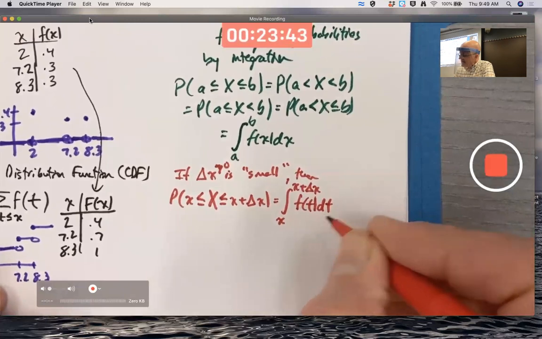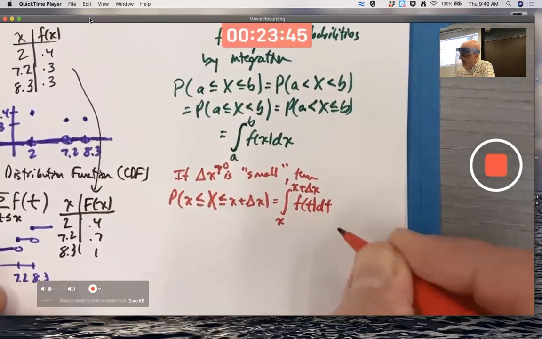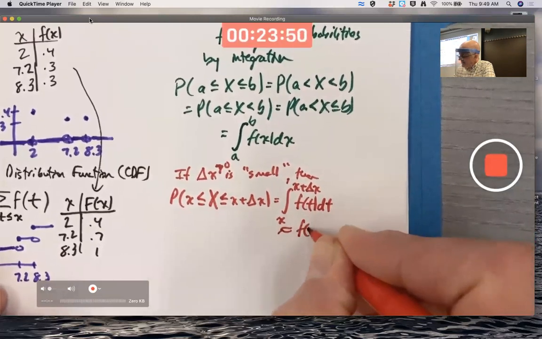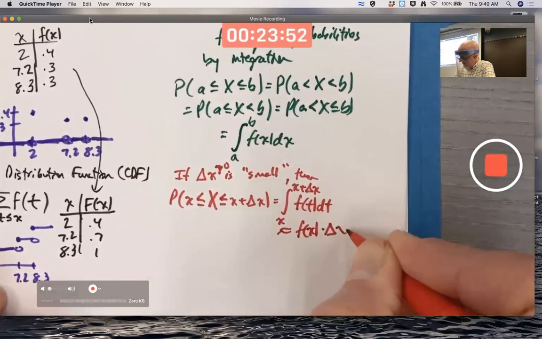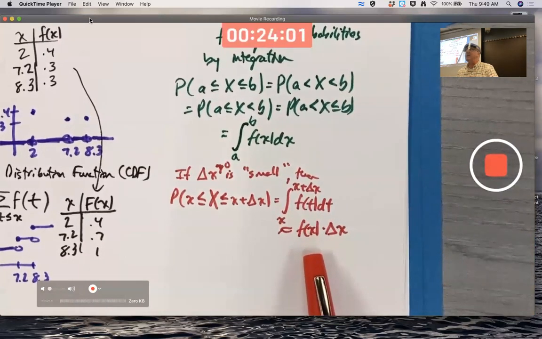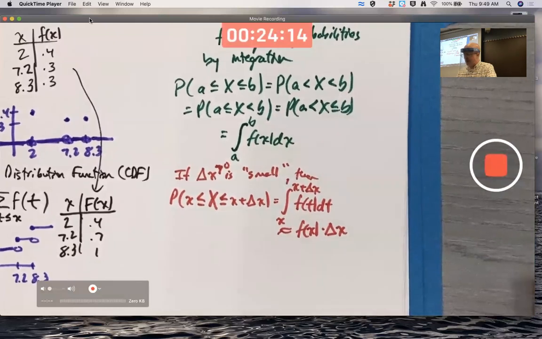That probability is that integral, but that integral, if delta x is small, is approximately f of x times delta x. That would be the area of a rectangle, an approximating rectangle for the area under the curve. And I'm just doing one rectangle, not some sort of Riemann sum. If delta x is really small, one rectangle might do a pretty good job of approximating the area under the curve.